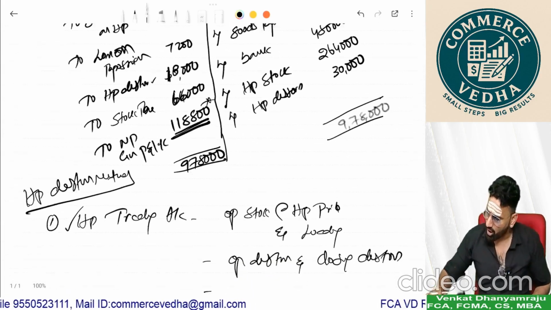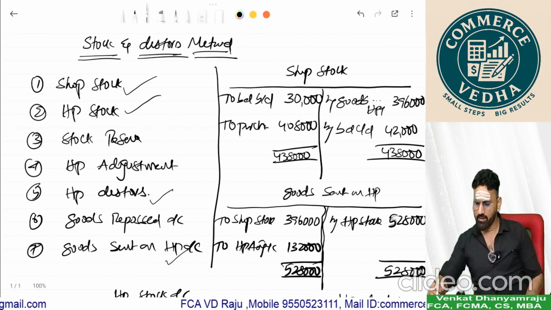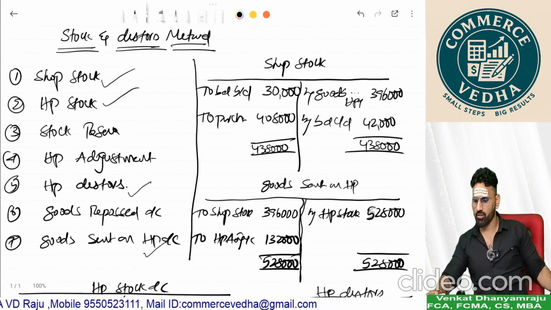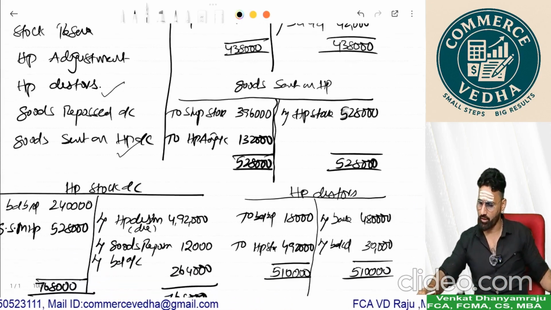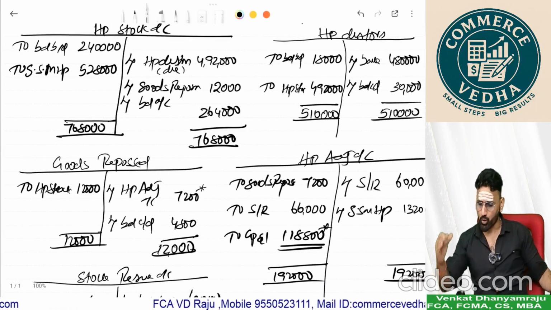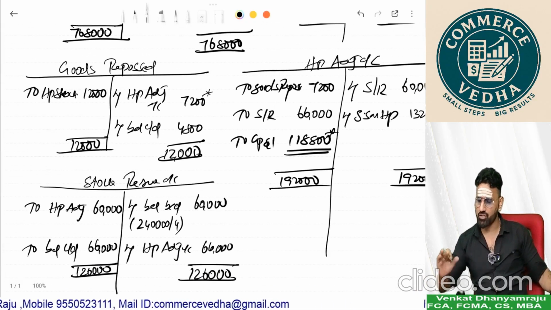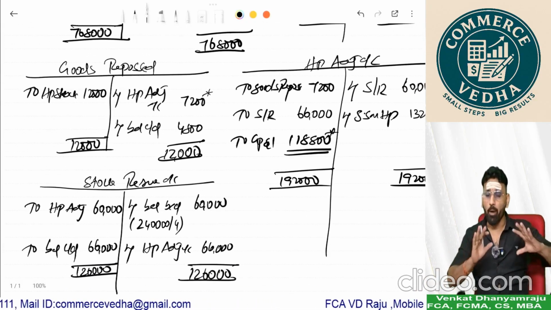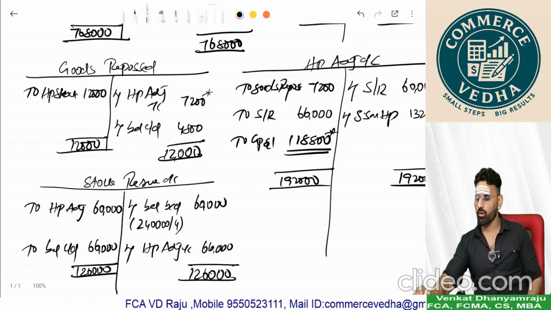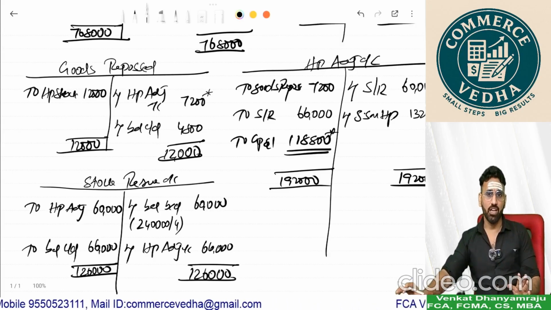Whereas in the stock and debtors method, we opened various accounts for full recording of the transactions: shop stock, goods sent on hire purchase, HP stock, HP debtors, goods repossessed, hire purchase adjustment, the final account, and stock reserve account. By opening various accounts, we identified the profit in the hire purchase adjustment account. It works similarly to your branch adjustment account.